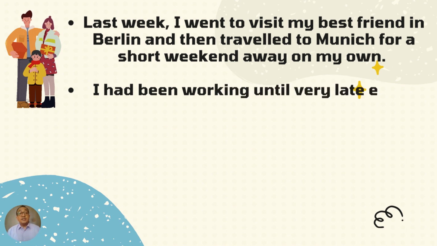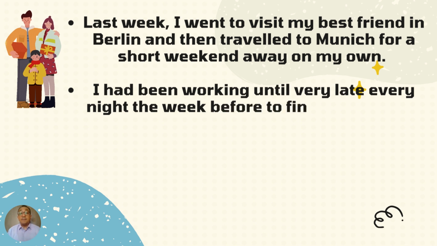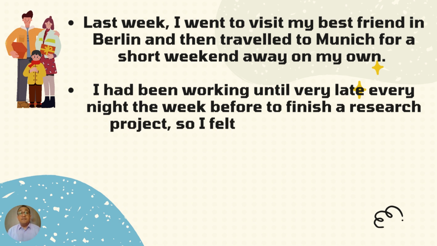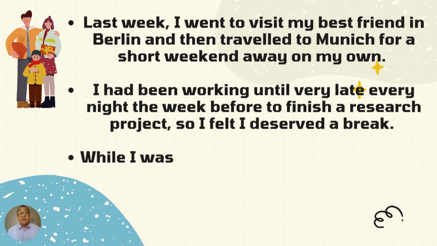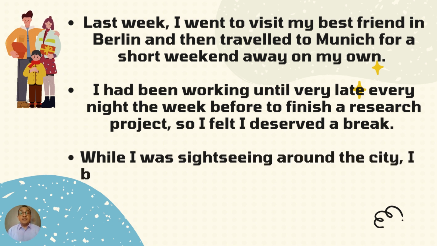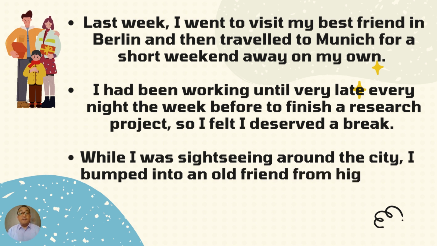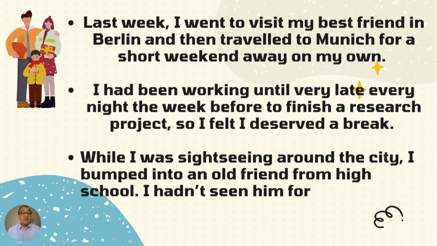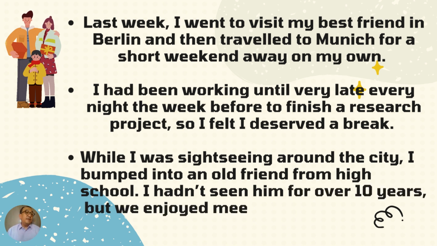The second context is: I had been working until very late every night the week before to finish a research project, so I felt that I deserved a break. The last context is: while I was sightseeing around the city, I bumped into an old friend from high school. I hadn't seen him for over 10 years, but we enjoyed meeting up in the evening for dinner.